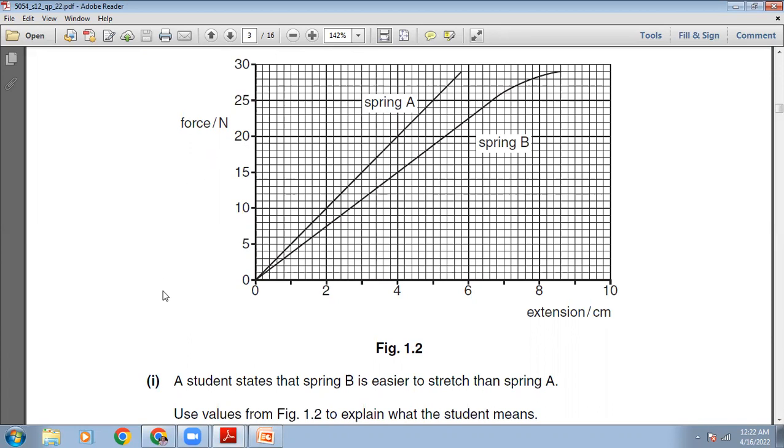So from this data, I can say spring B is easier to extend as compared to spring A, because to produce an extension of 4 centimeter, you require 15 Newton force in spring B, but to produce 4 centimeter extension in spring A, the force needed is 20 Newton.